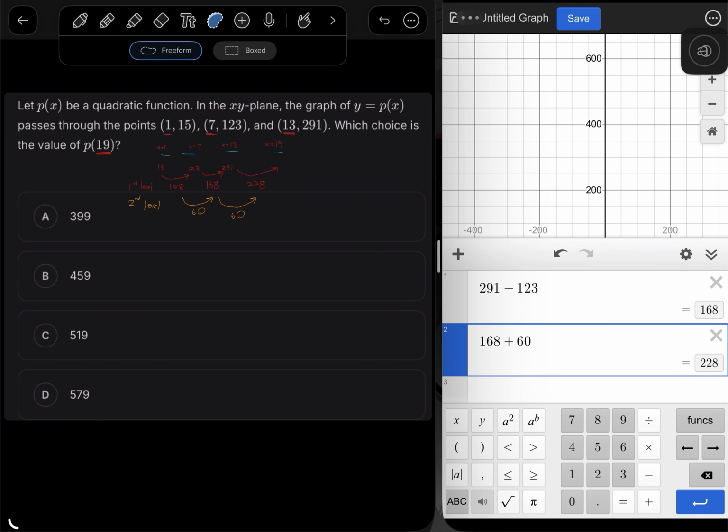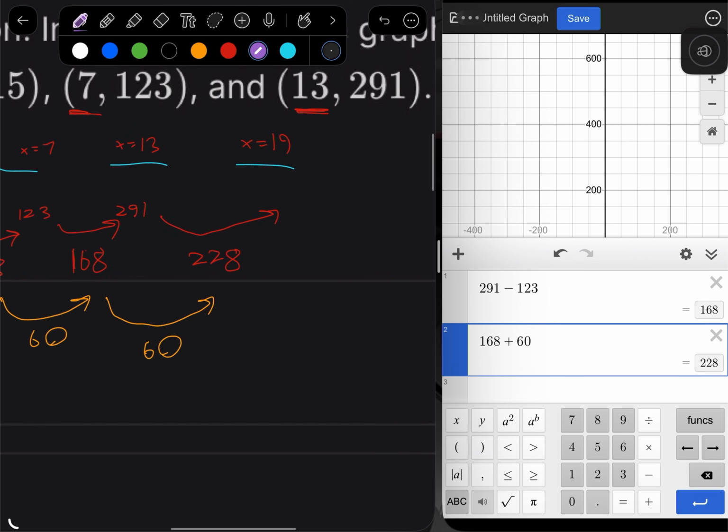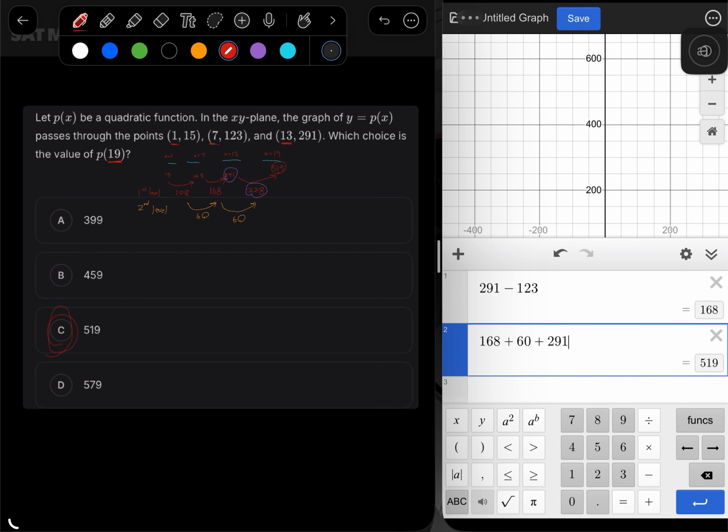Now we can find the value, because we know that's 228, and that jumps from 291. So we can do 228 plus 291. I'm just going to add 291 to this, and you get 519, and then of course we will pick answer choice C, which we also got earlier with our Desmos method.